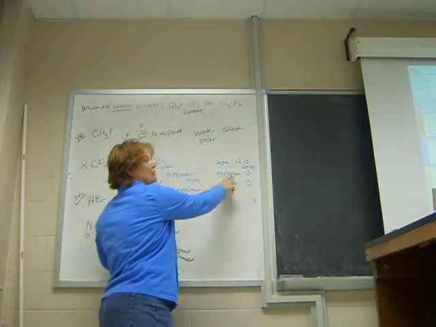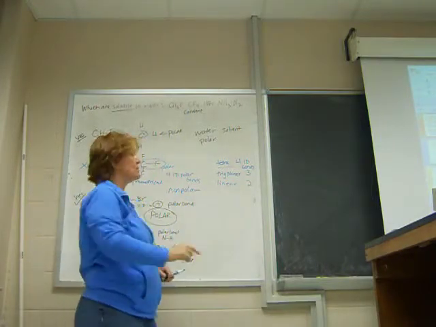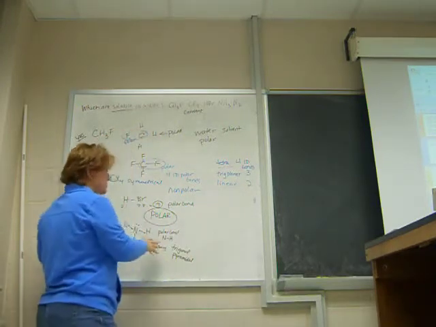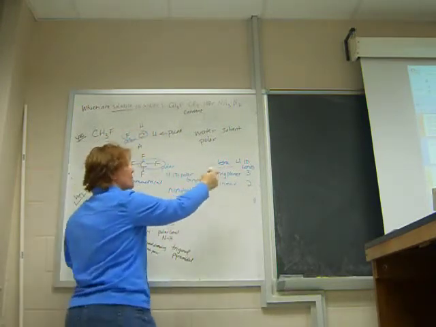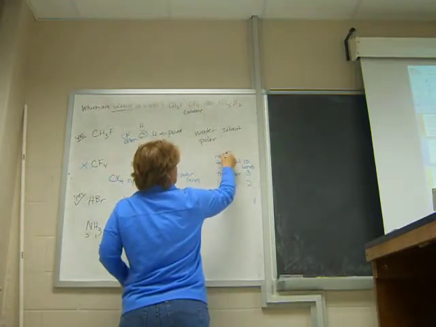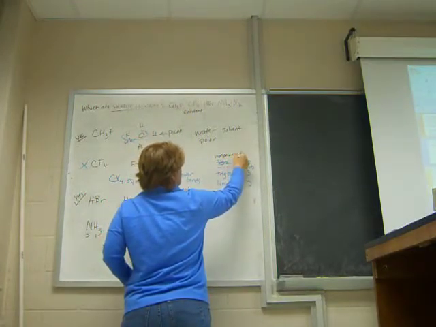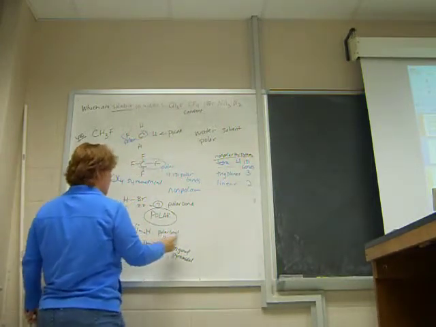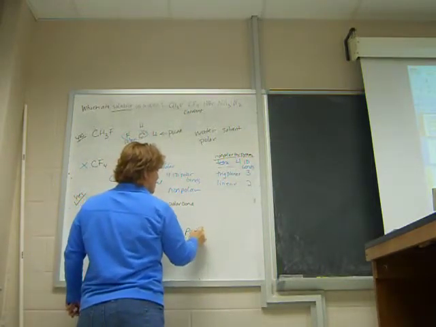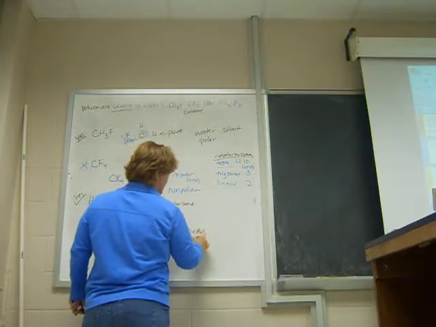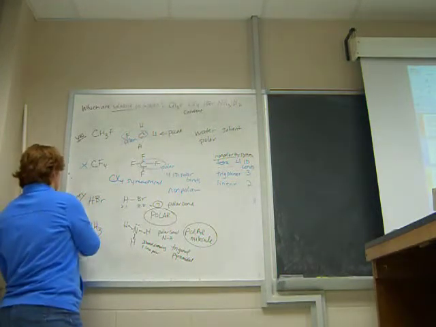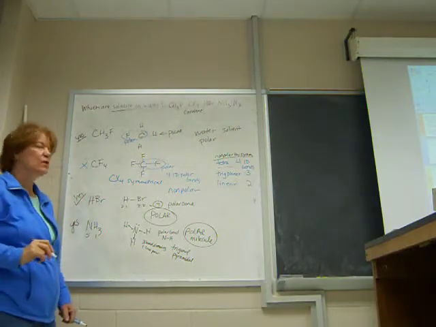So it's not trigonal planar with 3 identical bonds. It only meets the 3 identical bonds part. So it's not going to cancel out and be nonpolar by symmetry. So this one's going to be polar. Polar molecule. That means yes. This is ammonia. Ammonia will dissolve in water.